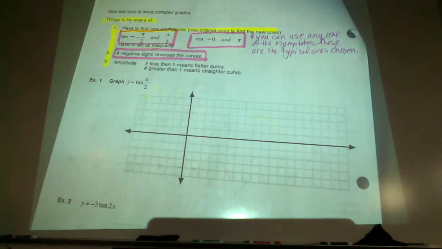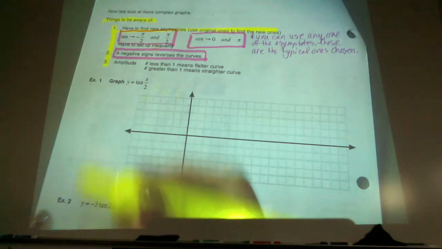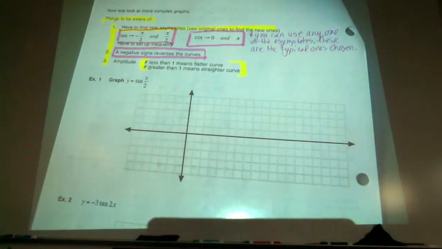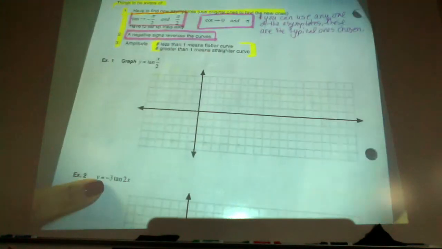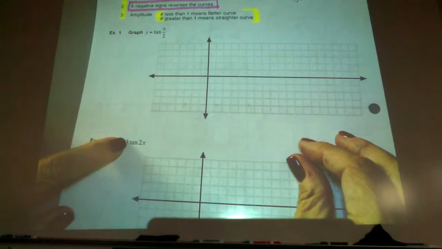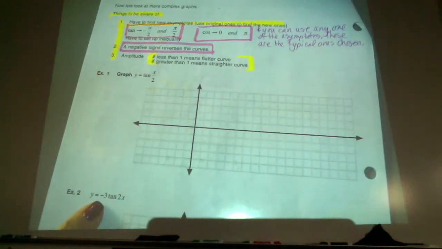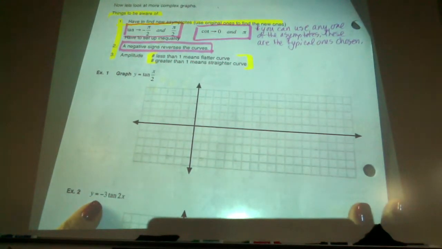And then the other thing, it's not important that you know this per se, but this is what's happening. We really don't use the word amplitude or phase shift when we're talking about cotangent and tangent. Because if you find your asymptotes, they will give you the shape of the curve. And that's really all that's important. So I don't really care that I have a 3 in front here. My asymptotes are going to do that vertical stretch for me. Really this has an effect on the middle part of your graph, but I don't really care much about that.